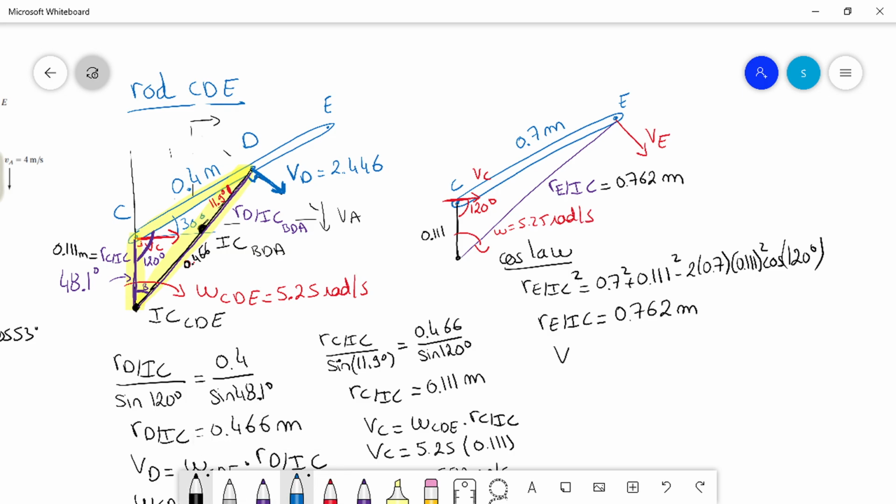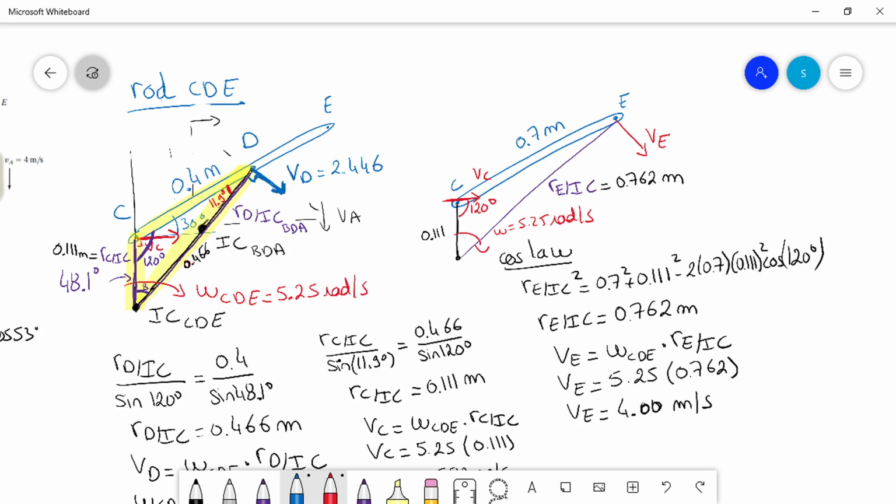So we can write that VE is equal to omega CDE times RE about IC. VE is equal to 5.25 times 0.762 meter, which is 3.999, so that's 4.00 meter per second. That's the magnitude of VE.